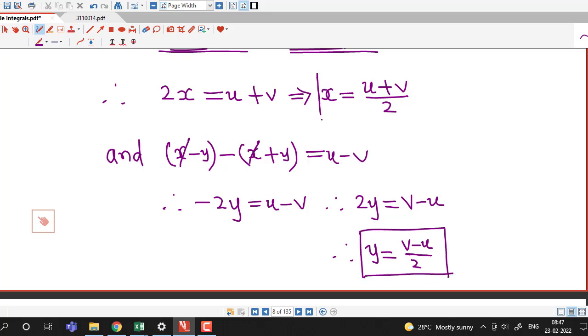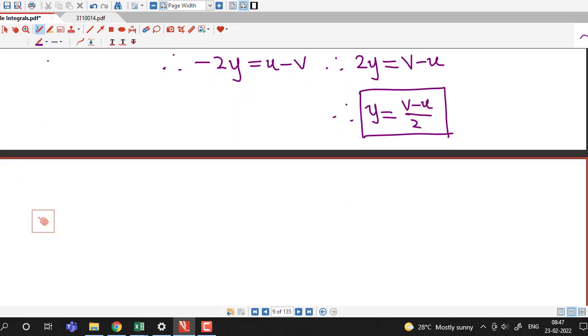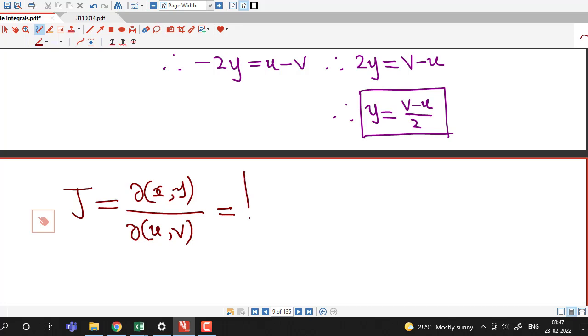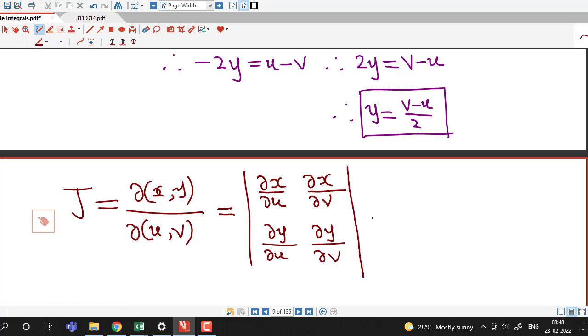So we obtain the expressions of x and y in terms of u and v. So this we require for the Jacobian of x, y with respect to u and v. This is given by the determinant with first row as partial derivatives of x with respect to u and v, and second row as partial derivatives of y with respect to u and v, del y by del u, del y by del v.